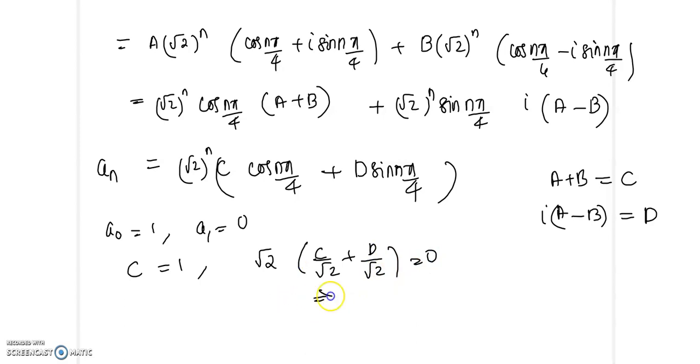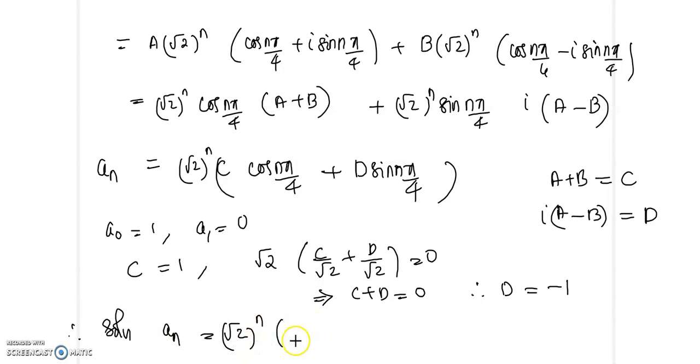So we will get c plus d equal to 0, therefore d will be equal to minus 1. So therefore the solution is a_n equal to (root 2)^n (cos n pi by 4 - sin n pi by 4). So that is the required solution.